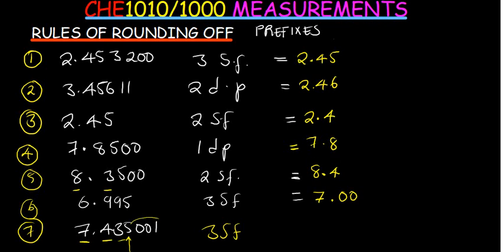So the rule of looking at even and odd is not going to apply for this case. Therefore, just remove a 1 here and put on this one. It is going to become 7.44. So as long as there's a non-zero after the 5, just remove a 1 from 5 and then add to the previous one. So this is the rule of rounding off.